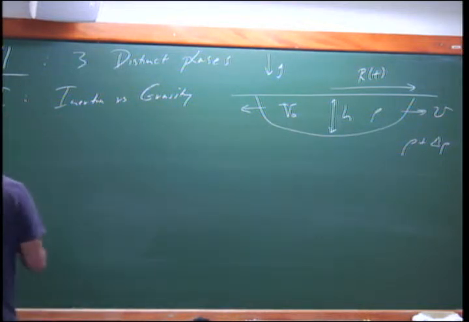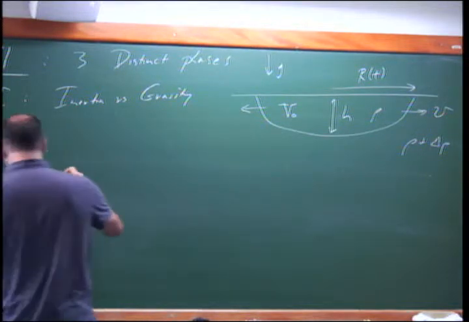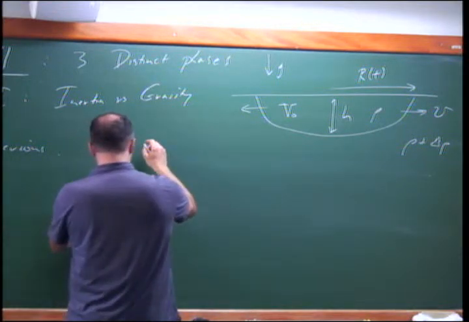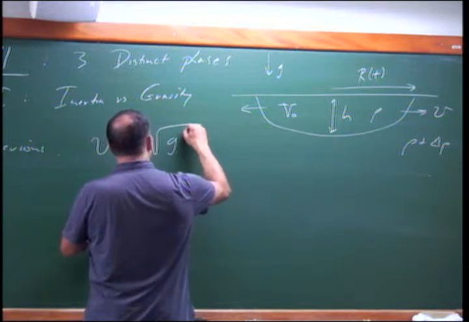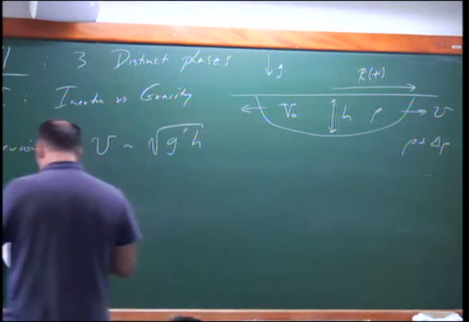Okay, and so as we saw last time, the balance of gravity and inertia gives us that U goes as square root of g' h, from which we can deduce the dependence of radius on time.